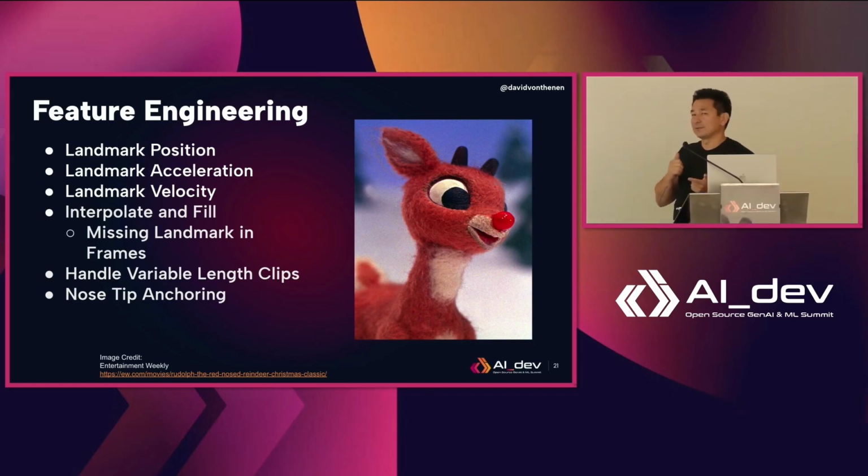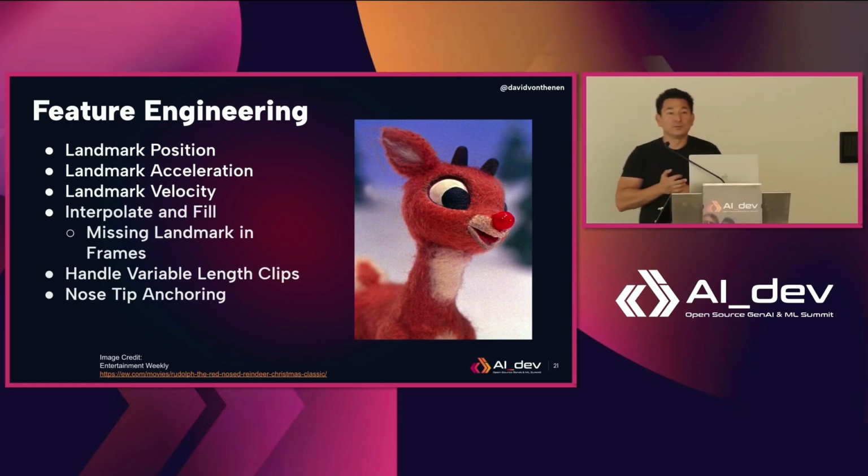Occasionally, if I'm turned a little bit this way, you might not see this little dot over here. So we had to interpolate and fill in the blanks, the missing landmarks, if they weren't captured. We also handle variable length clips.